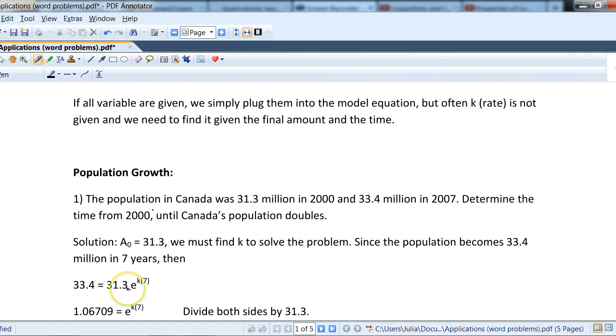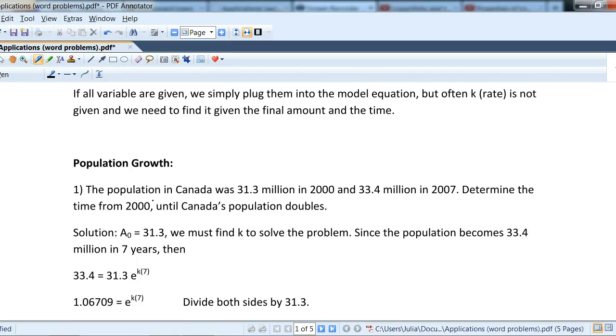33.4 equals 31.3 times e to the k times 7. And then I generally try not to round. In fact, sometimes I put it all in the calculator. Here I rounded just to show you guys. But the more decimals you have here, the better, because you don't want to round too early. You can leave it as 33.4 divided by 31.3, or use the answer key in your calculators.